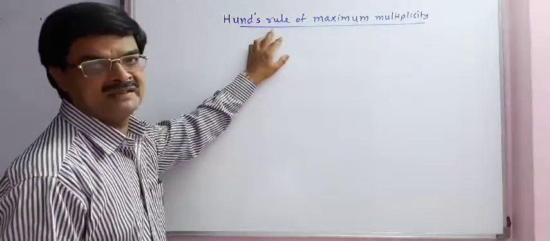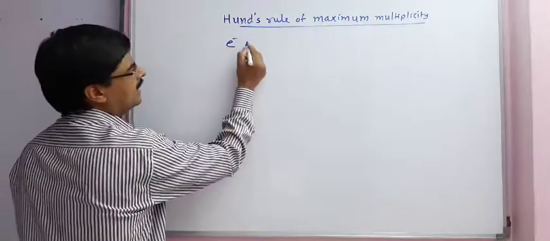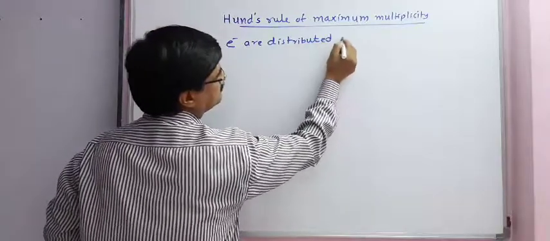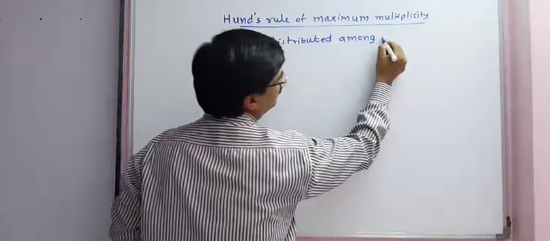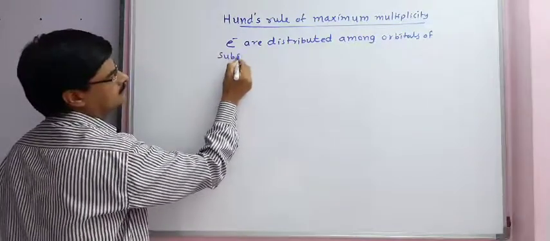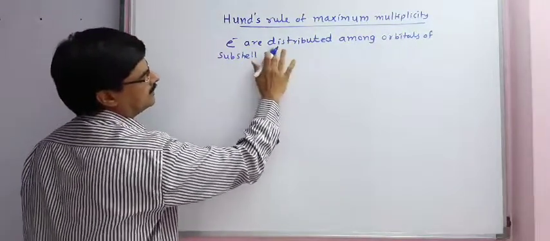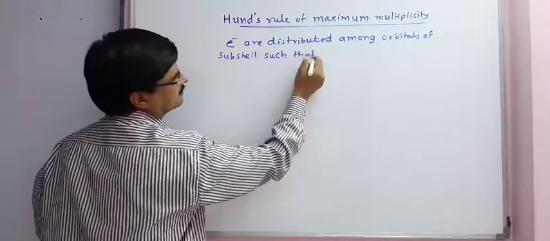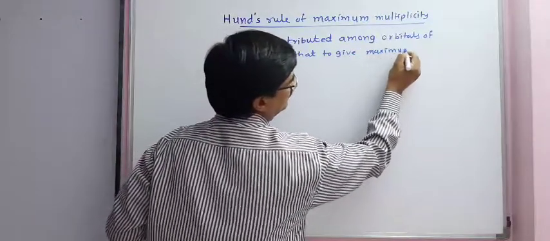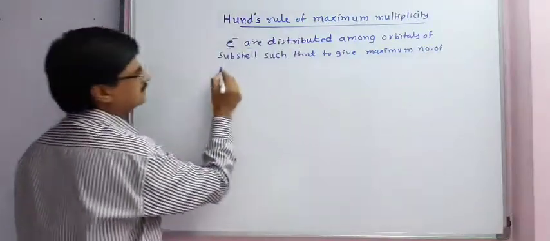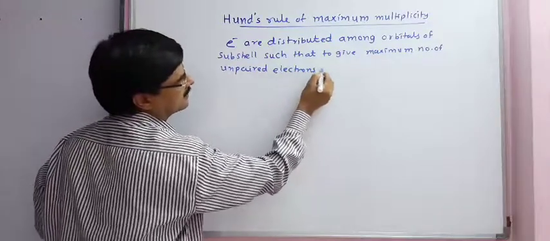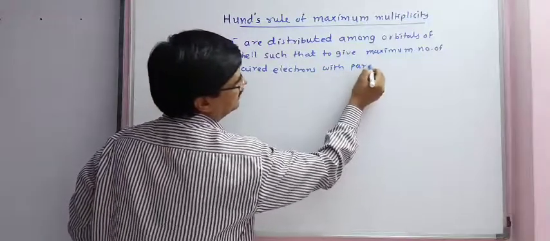According to Hund's rule of maximum multiplicity, electrons are distributed among orbitals of a subshell such that to give maximum number of unpaired electrons with parallel spin.